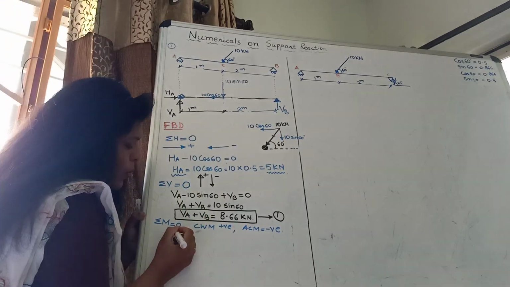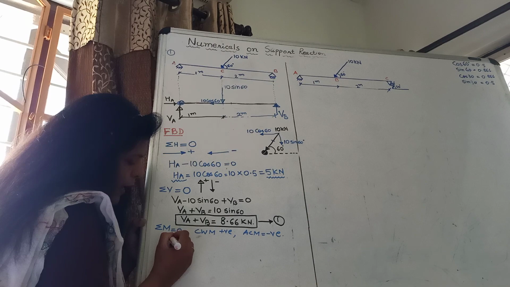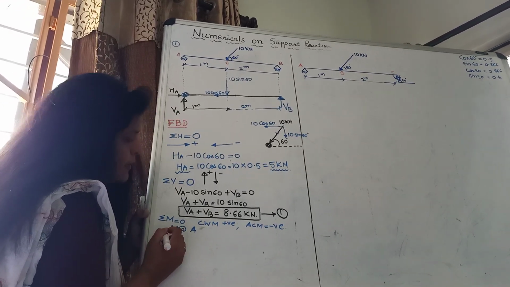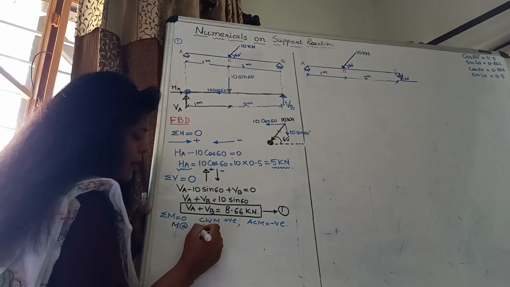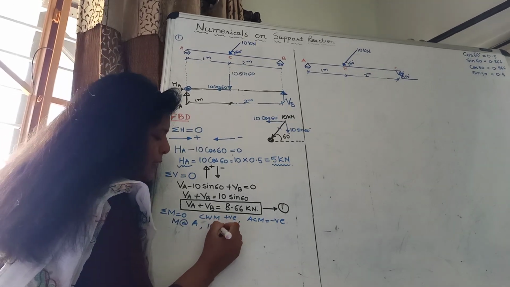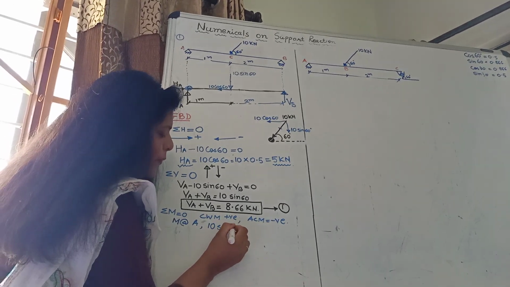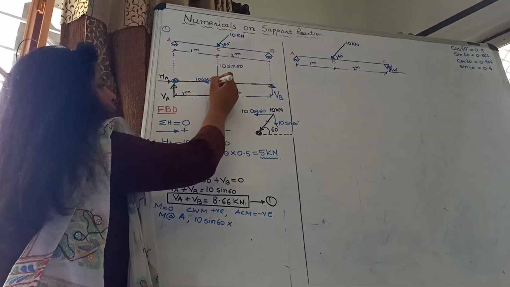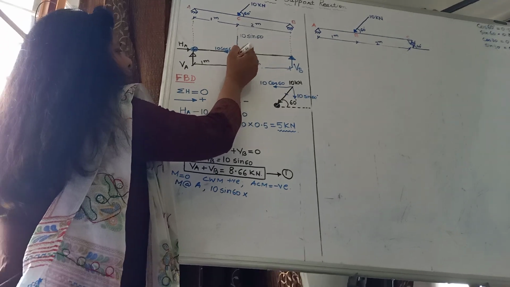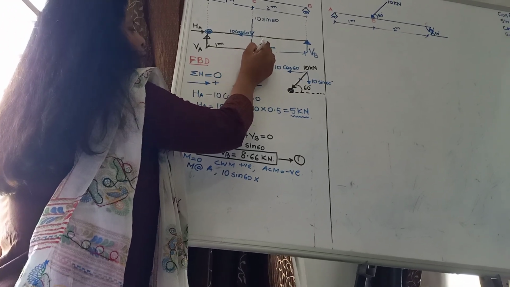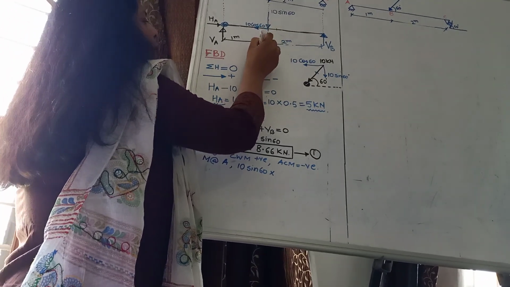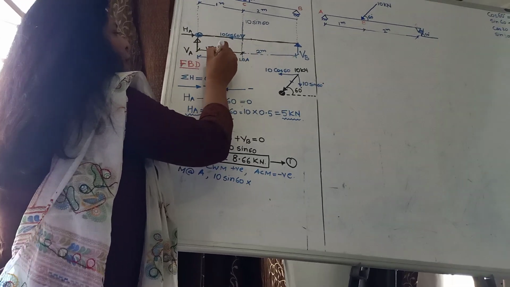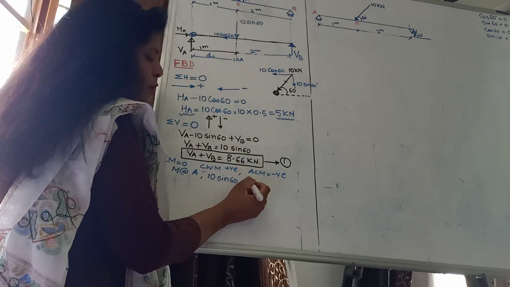Okay. So moment about point A, that is 10 sin 60 into 1. I will extend the line of action, and the distance between the line of action and point A is 1.